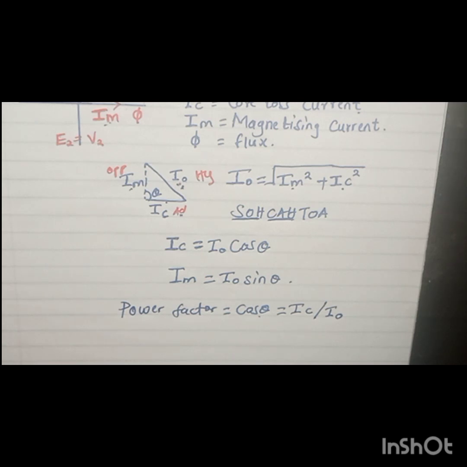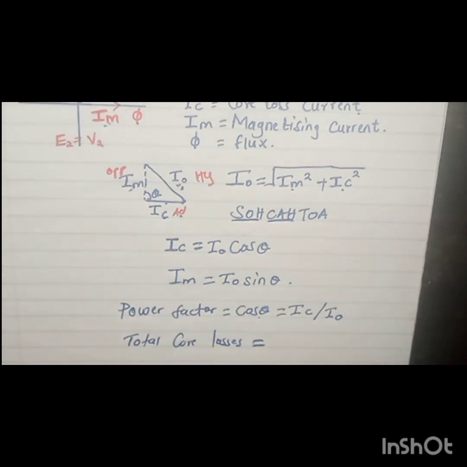Then we have something we call the core losses. The total core losses of a transformer is given by V1, which is the primary voltage, then I naught, the current flowing from the primary side, then our cos theta.